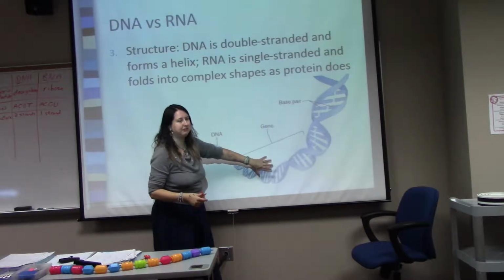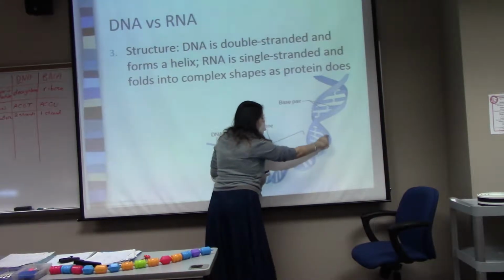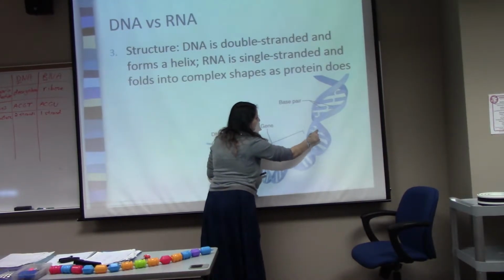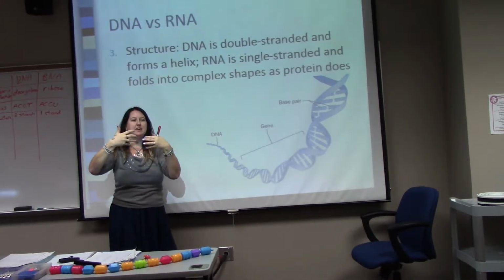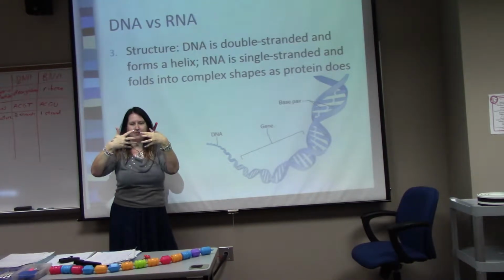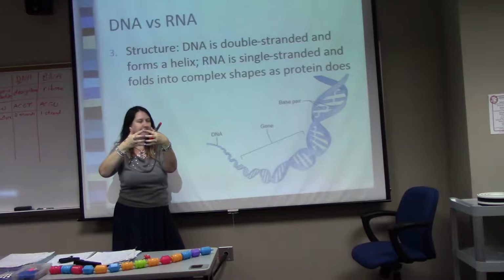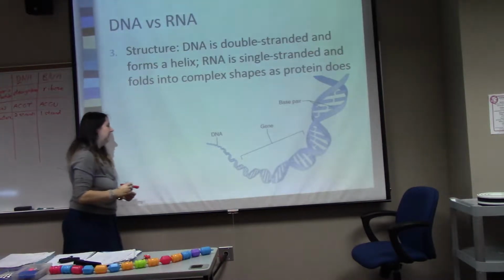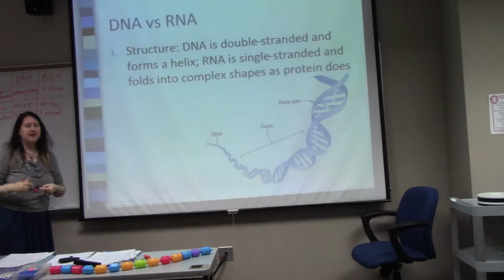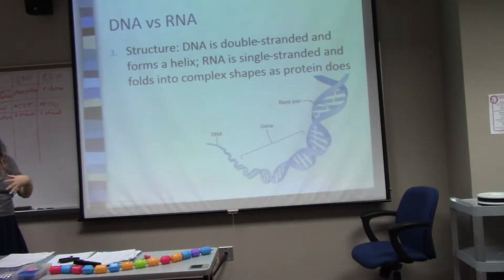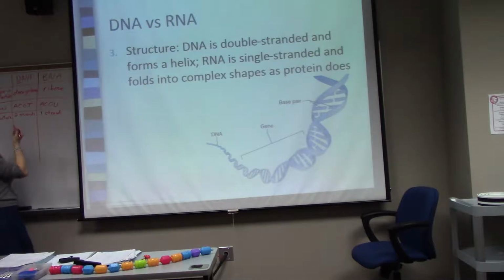So in this picture of DNA, this strip with the little pieces sticking off it is the single strand. Those pieces are the bases, and they stick to each other in the middle. And that double strand twists up. It looks like a twisted ladder. We call it a double helix.